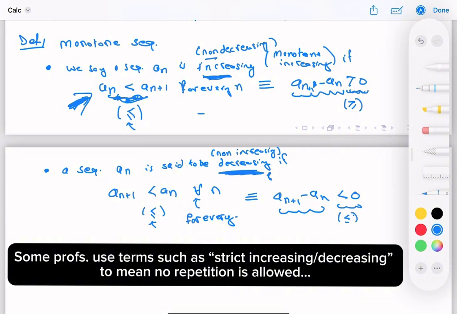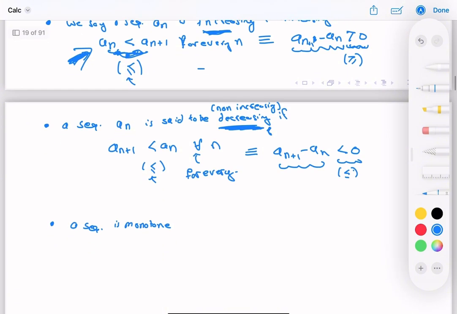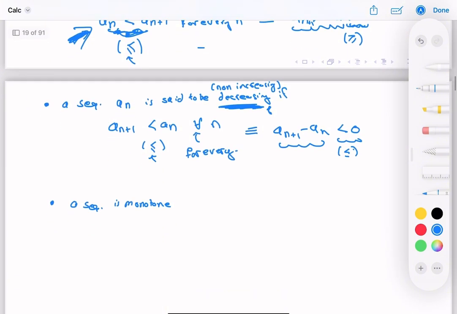This is the similar definition, and a sequence is monotone if it's either increasing or decreasing. We call such a sequence monotone.